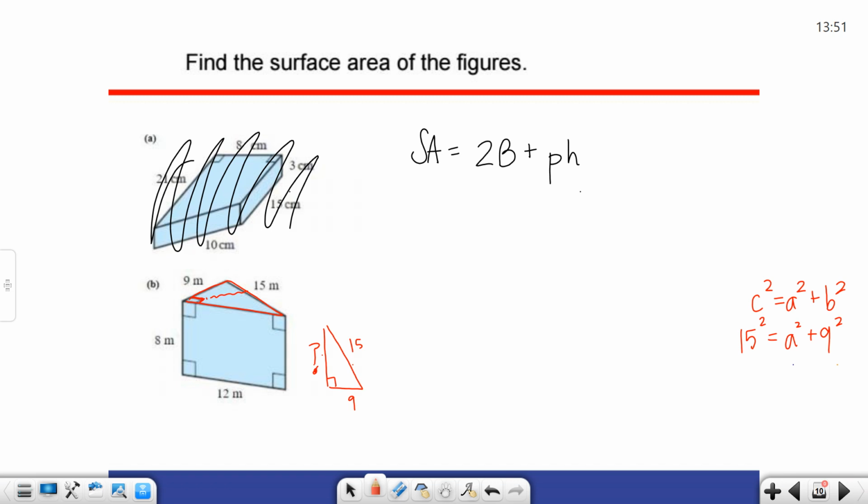So 15 squared would be 225, I think. I'm going to double check it in a minute. I'm going to subtract 81 from both sides. So A squared is 144. So that means that A is 12. So my missing side over here would be 12.